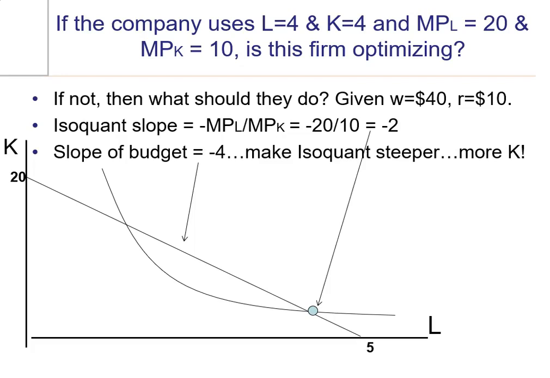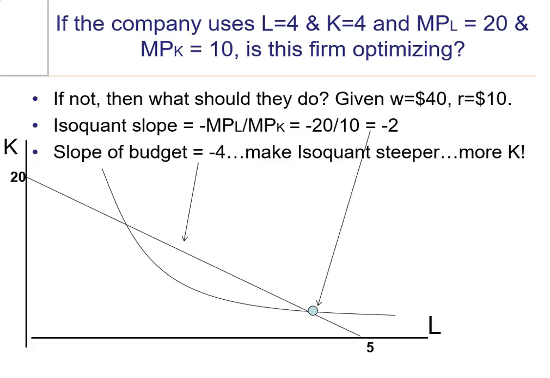What is more costly, using a worker or using a machine? Well, if you've got to pay your workers $40 and your machines $10, workers are clearly more expensive. How much more expensive is a worker? Well, they're 4 times as expensive. So let me recap. Workers are twice as productive.